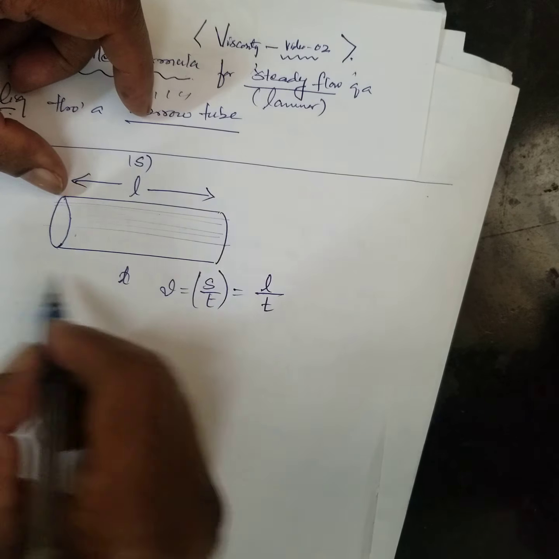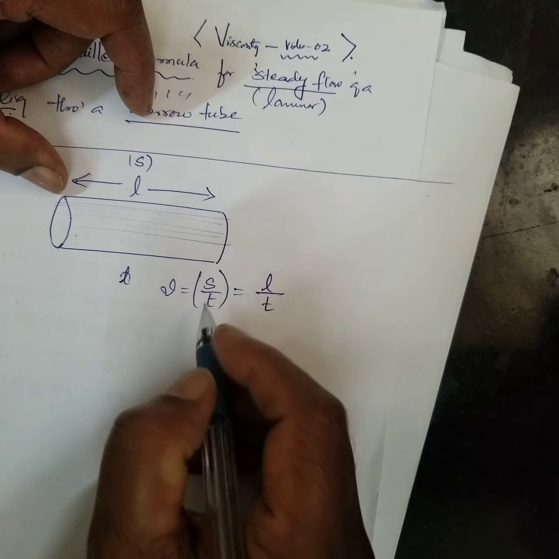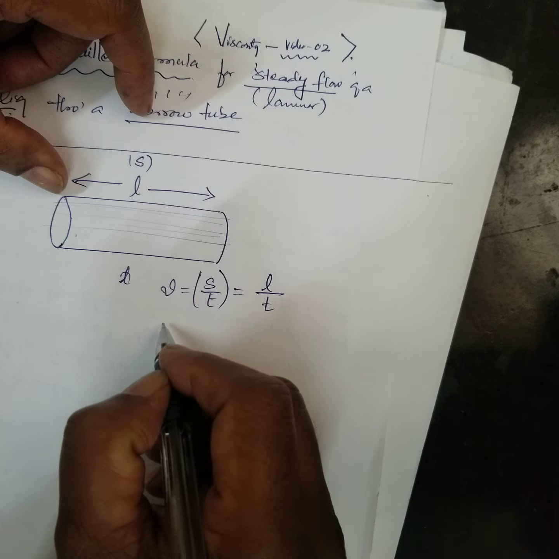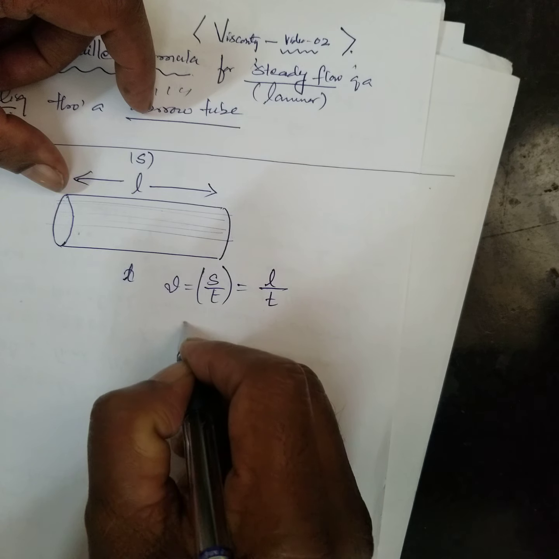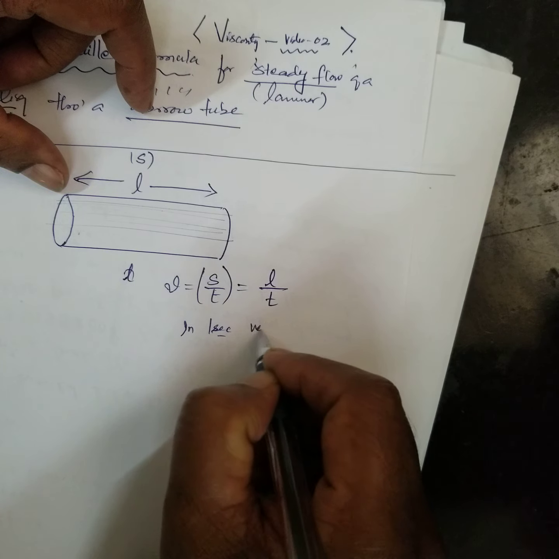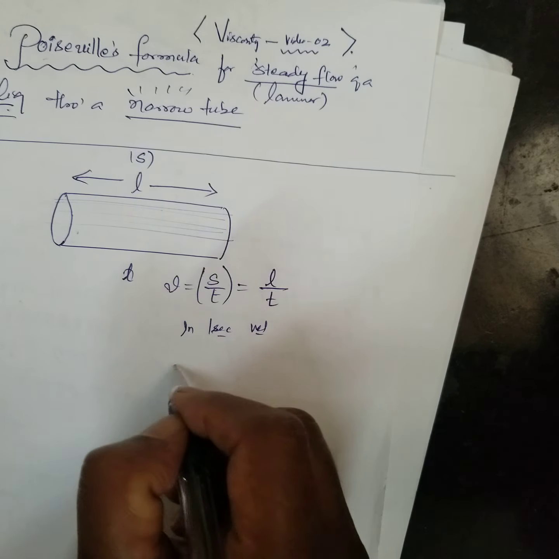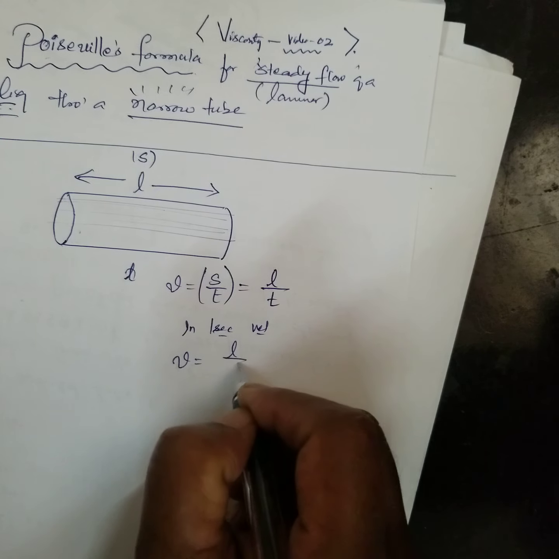Suppose the time is 1 second. Then you can calculate velocity is equal to L by 1.